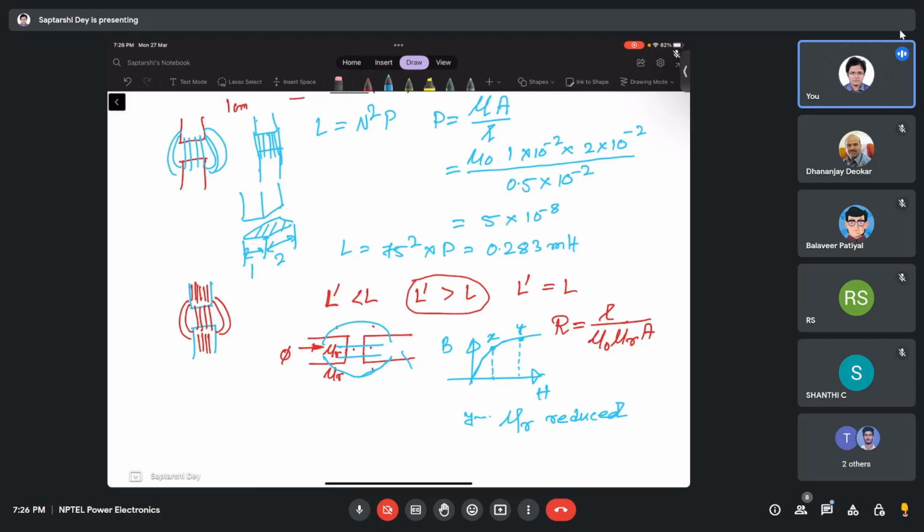So if I give number 1 to this path and number 2 to this path, before saturation the permeance of 1 was much larger than the permeance of 2, but at or beyond saturation the permeance of 1 has become very close to permeance 2.